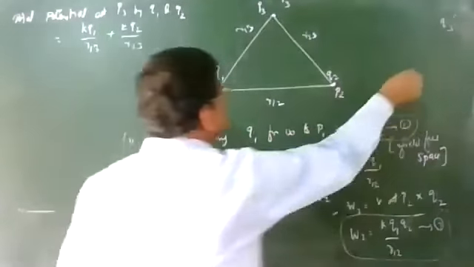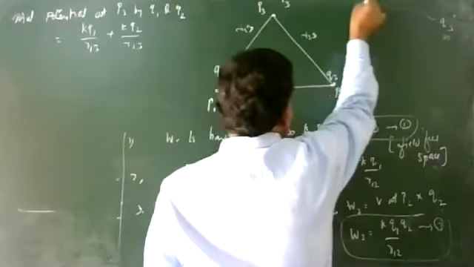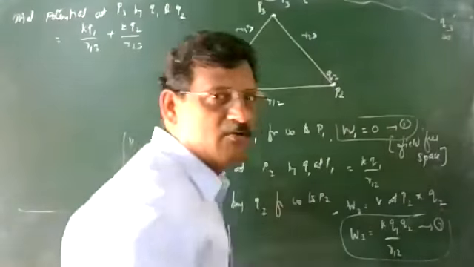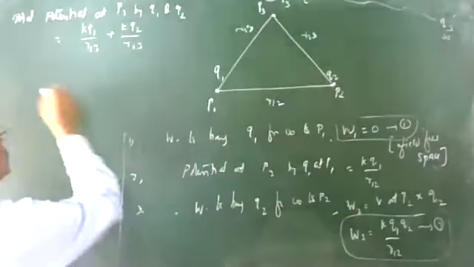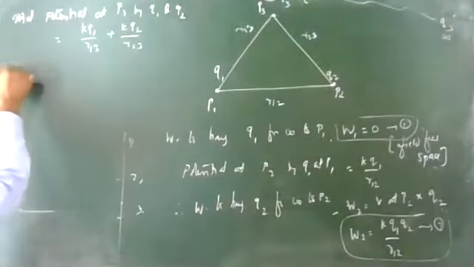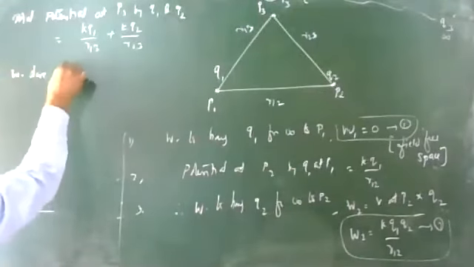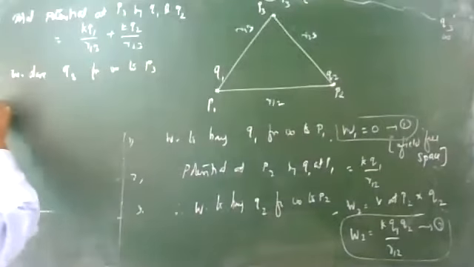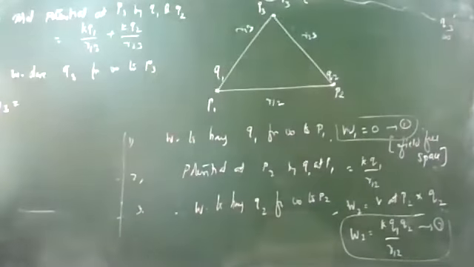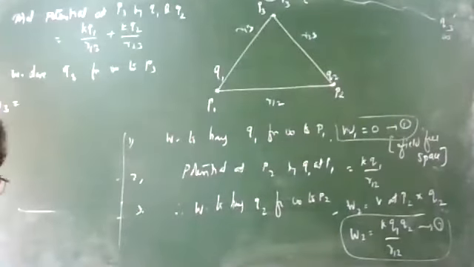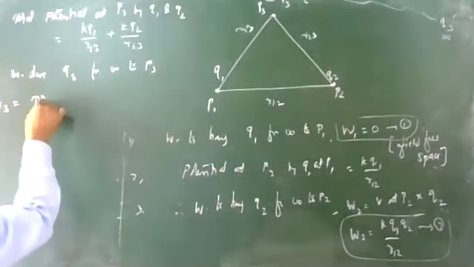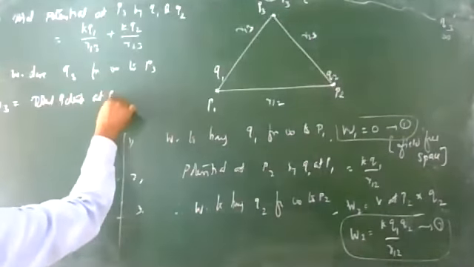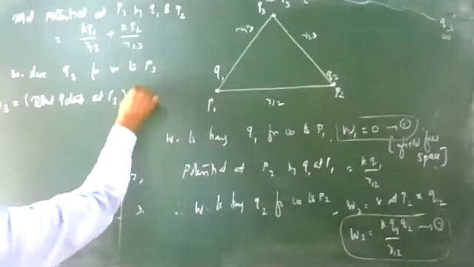Now the Q3 charge is being brought from infinity and it is now at P3. What is the work done for this? So the next point is work done. Work done to bring Q3 from infinity to the point P3 is equal to W3. This is the total potential at P3 times the charge you are bringing.